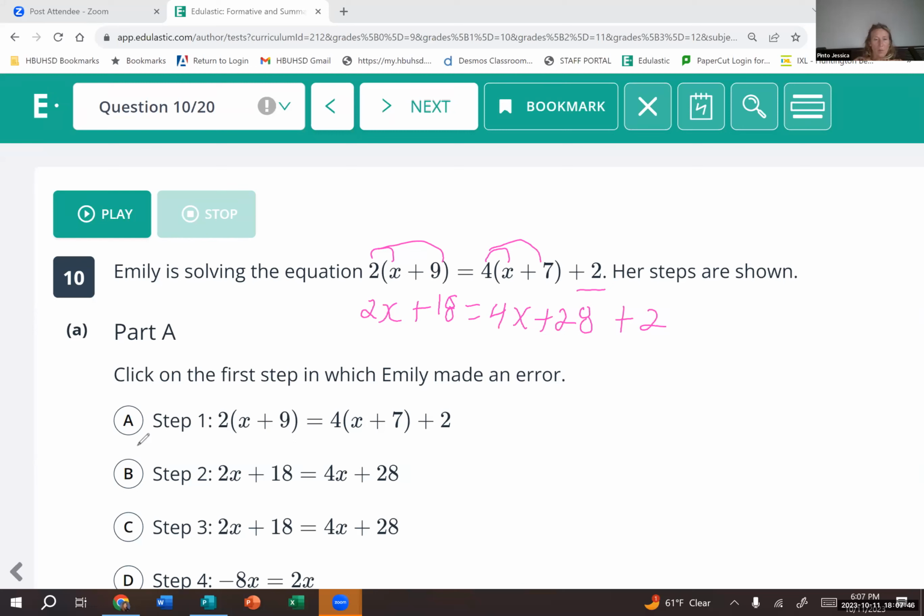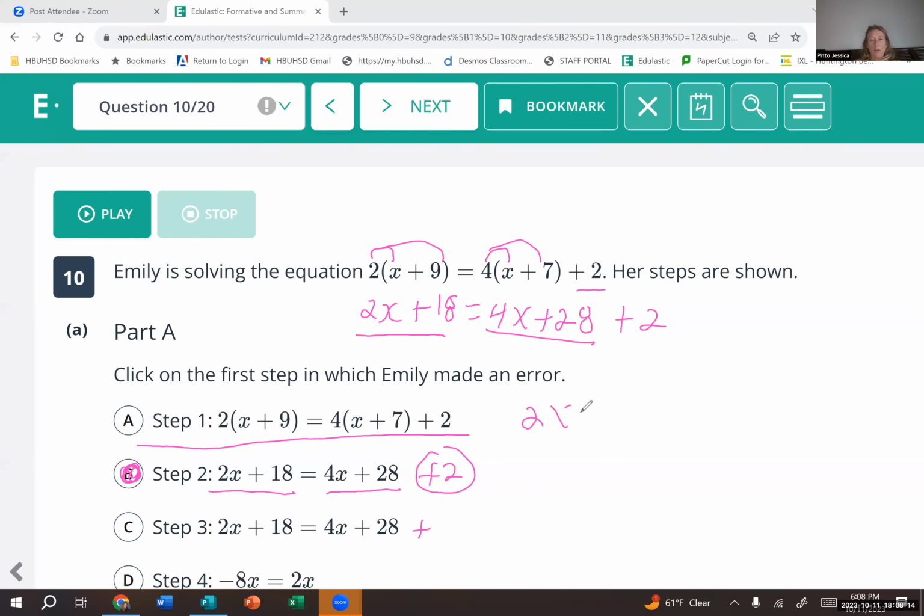So our step 1 is the problem. Step 2, this is the same, 4x plus 28, but definitely missing that plus 2. So we need to add that plus 2 in here. I don't see any difference in step 2 to step 3. So we're seeing this is the first step, and then let's finish and solve this ourselves.